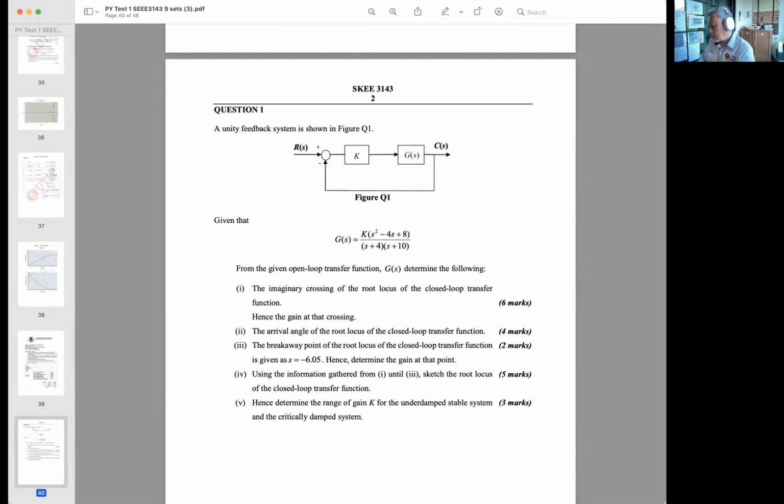How are we going to find the crossings of the root locus with the imaginary axis? Root locus is not given, correct, Ivan? Root locus is not given.